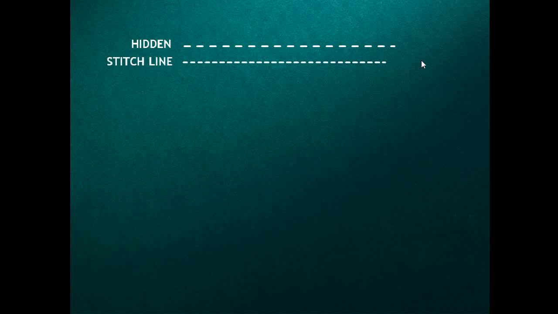The stitch line is almost similar to the hidden line, but it has a closer distance, because this represents the stitches in a hem or any fabric, shirts, or garments. Then the outline or visible line is just a regular line, different from the hidden line.